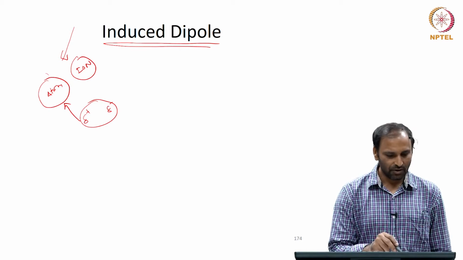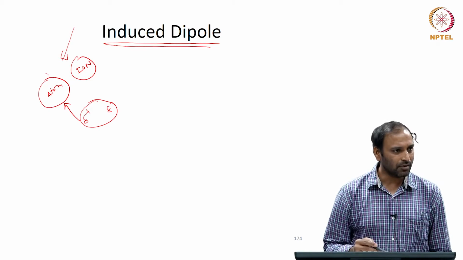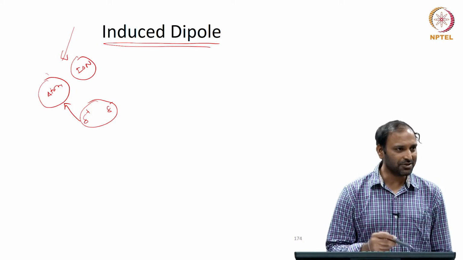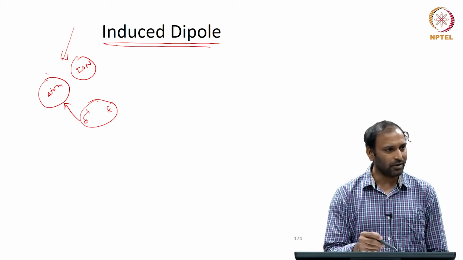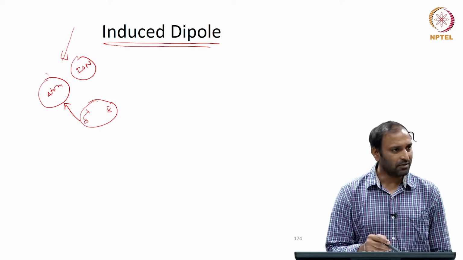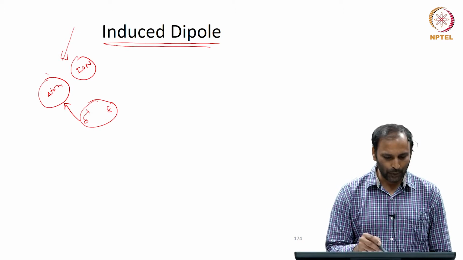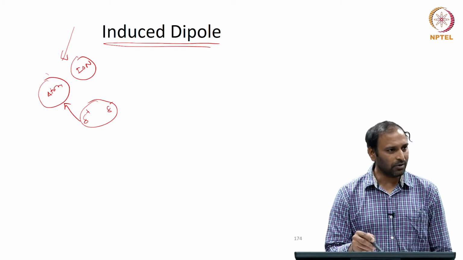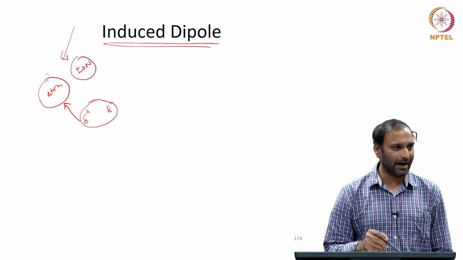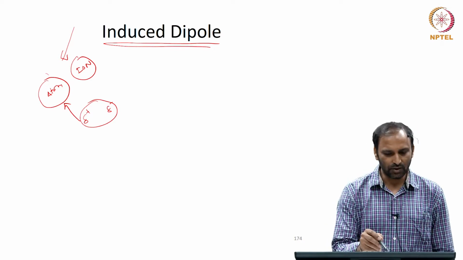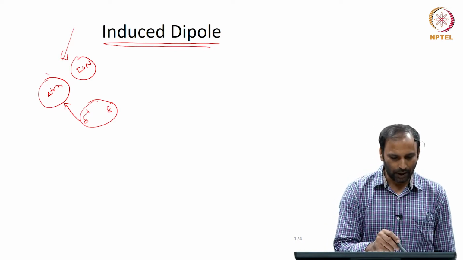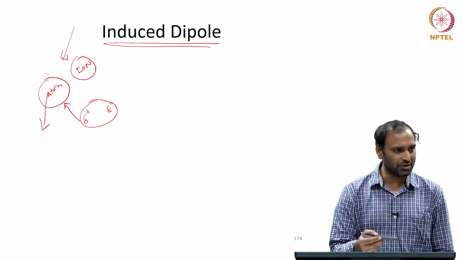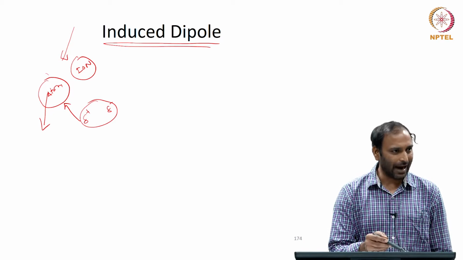Because of this, the neutral atom can also be polarized. It can acquire either positive or negative charge, depending upon whether it is approached by a cation or an anion, or which end of the permanent dipole is near the neutral atom. That is when I would say that a dipole is induced in the neutral atom.